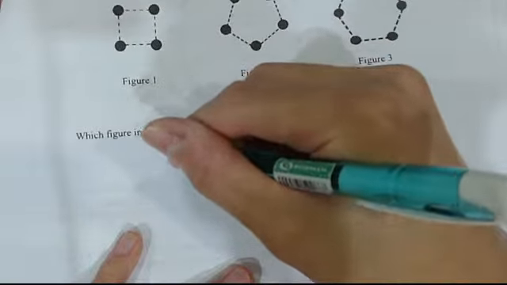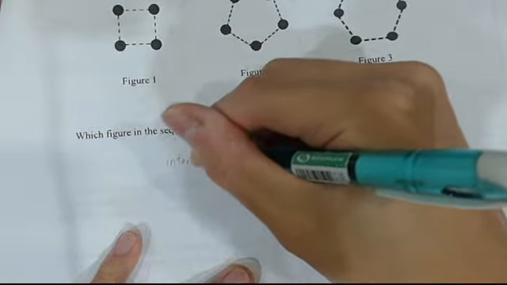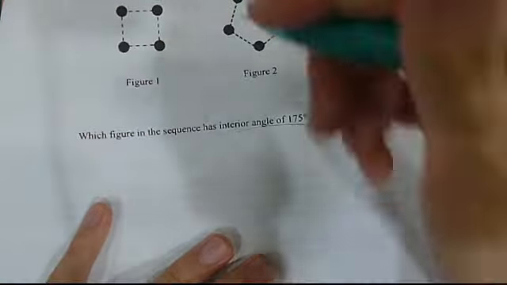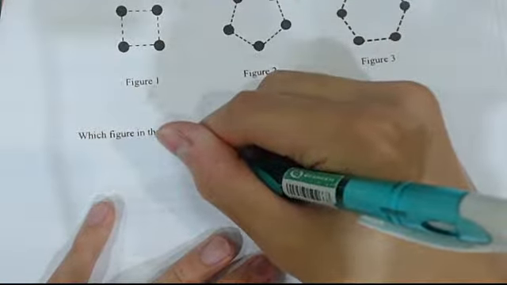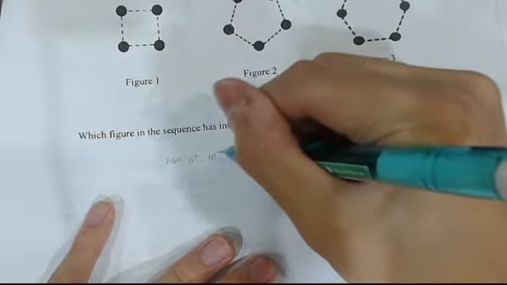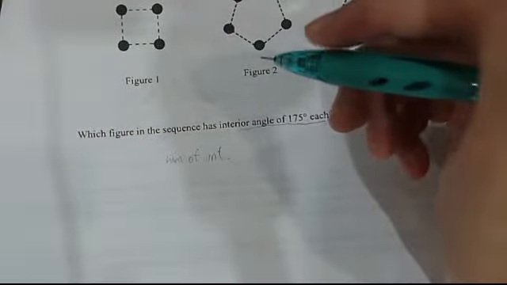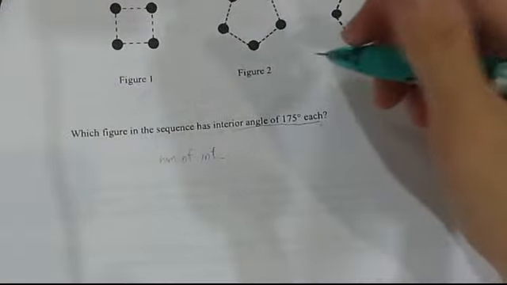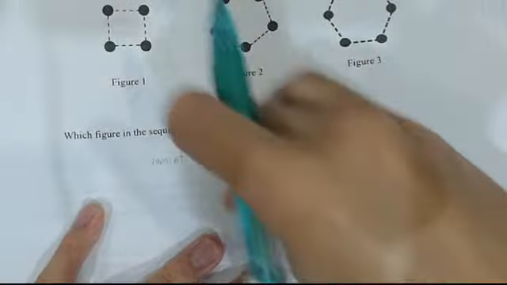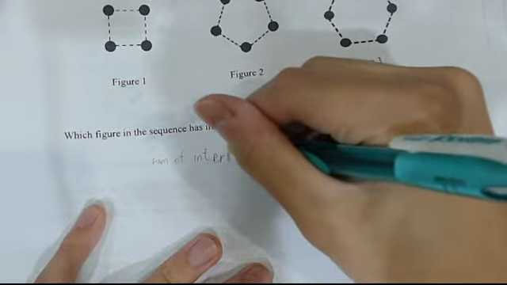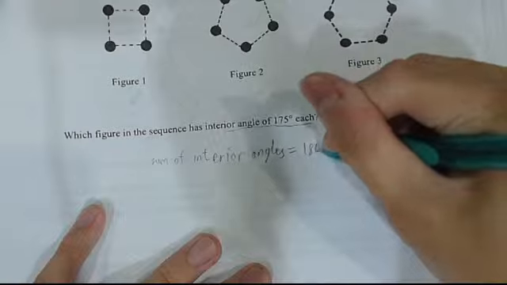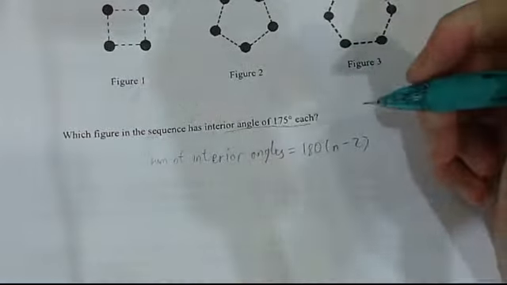Sum of interior angles is 180 times n minus 2.